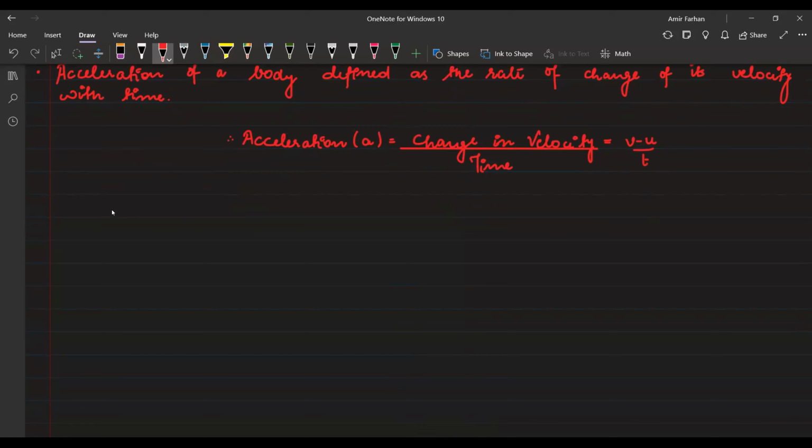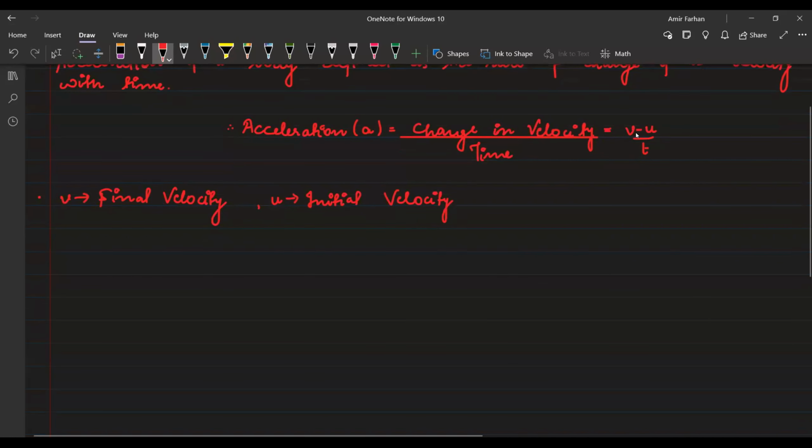Yes or no, children? v is called final velocity and u is called initial velocity. These are the two things. Clear? So a equals v minus u by t.